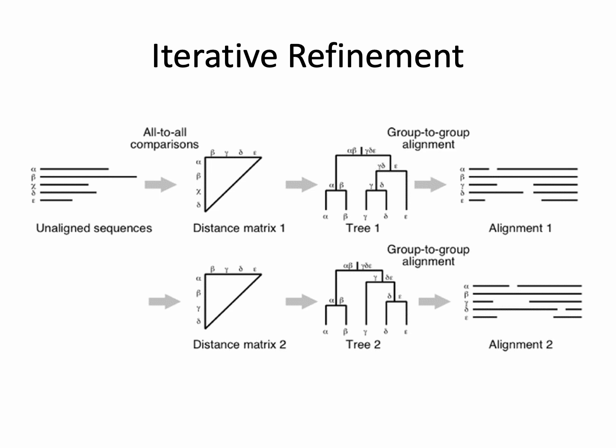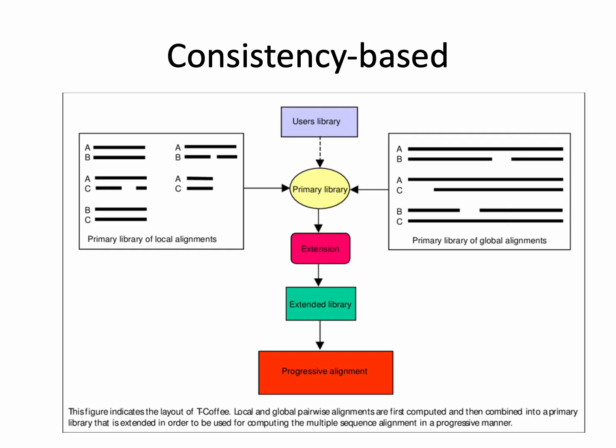So one more algorithmic approach is called consistency-based, which is a combination of local alignment methods and global alignment methods. Let's see about them in detail.